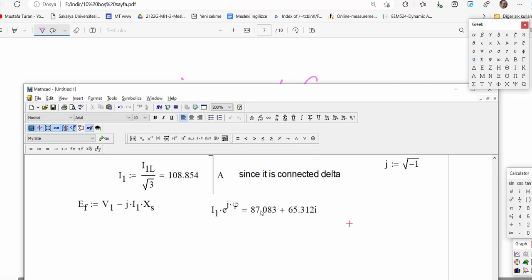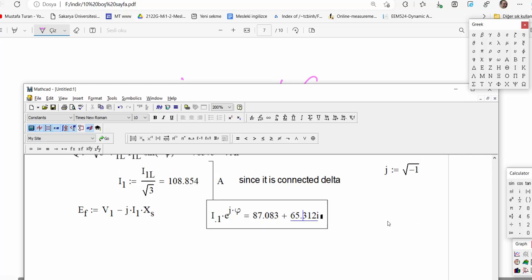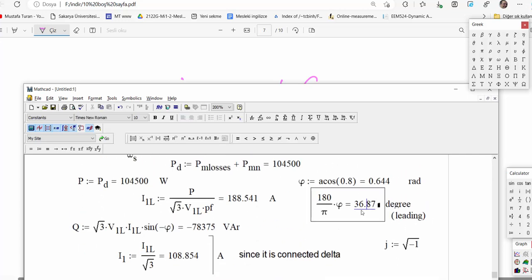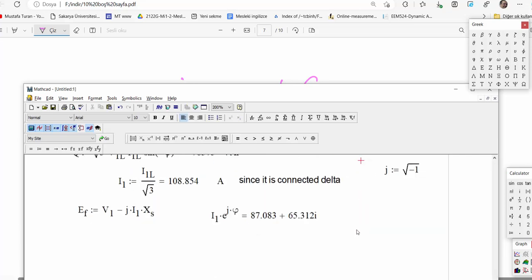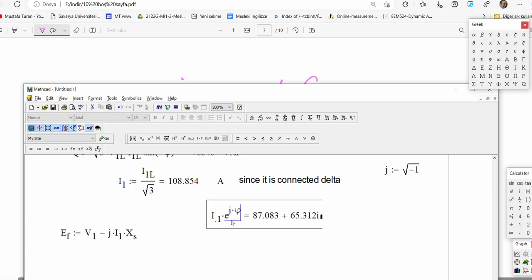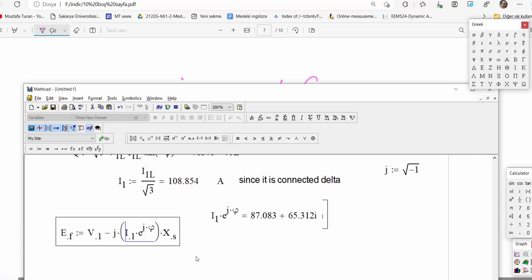As you see, now it is a complex parameter, and the angle looks positive. Phi is positive. You already know it is positive, 36, 37 degrees. Houston, you should substitute current here as phasors. Okay, I have substituted.